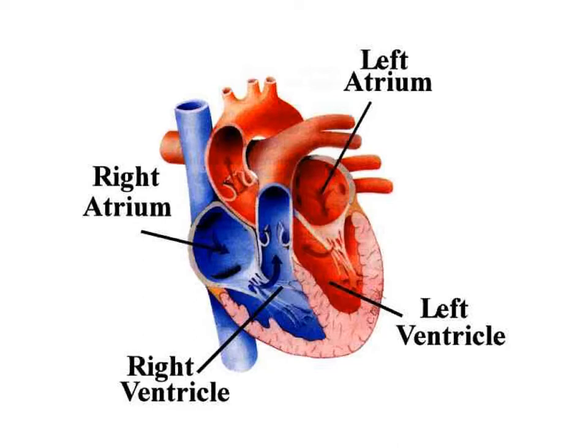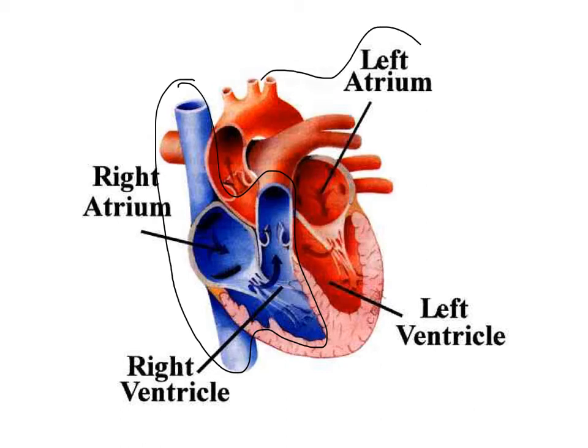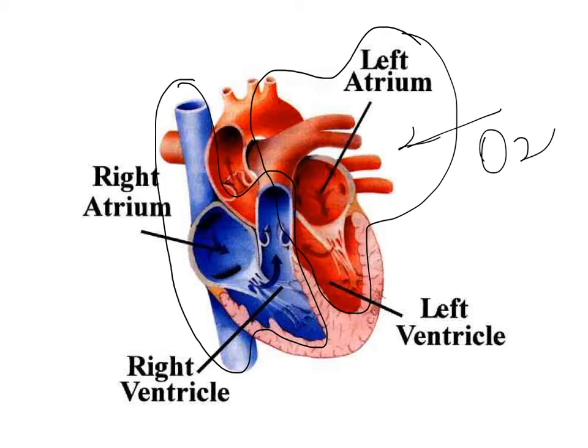So the blood in the right atrium and the right ventricle is blue, and the blood in the left atrium and left ventricle is red. That's because red blood has oxygen in it and blue blood has little or no oxygen in it. And that's what makes the difference there.